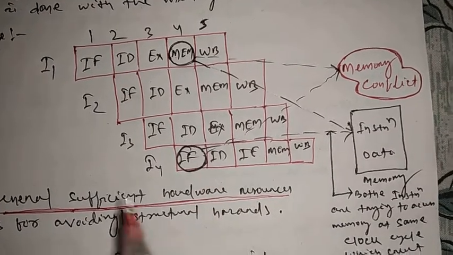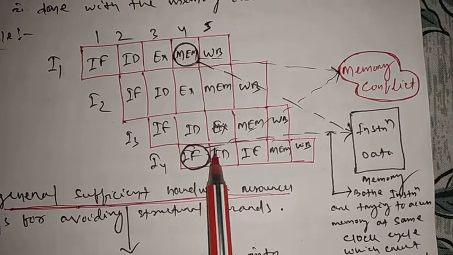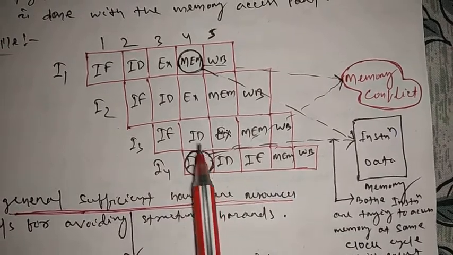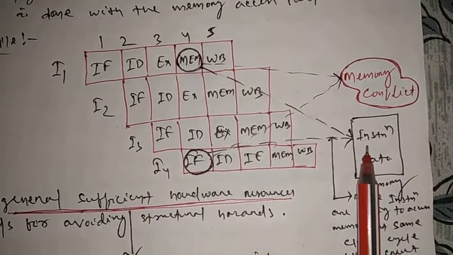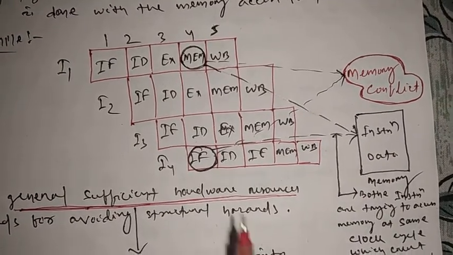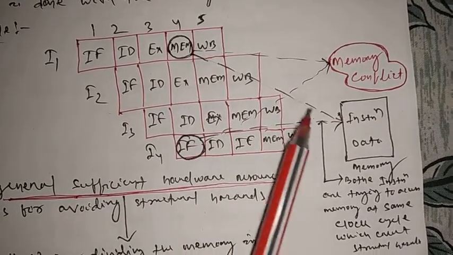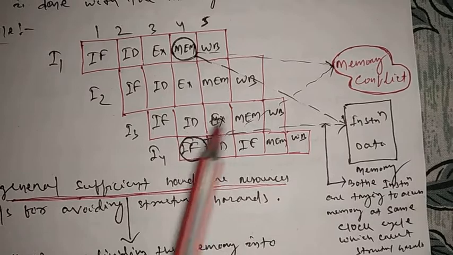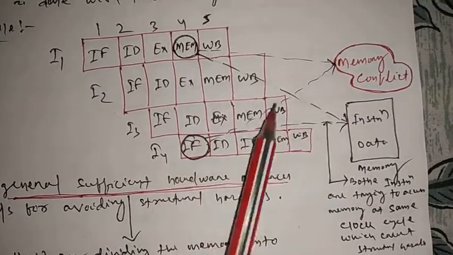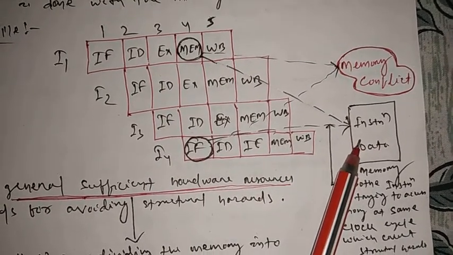So when more than one instruction, look here, 2 instructions are simultaneously trying to access the same memory location at the same time, which creates a structural hazard. Instruction 1 at the 4th stage and instruction 4 are trying to access the memory in the same clock cycle, creating a memory conflict.